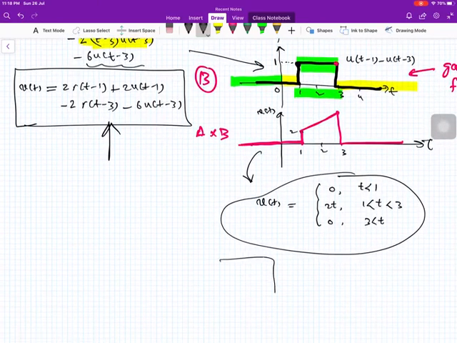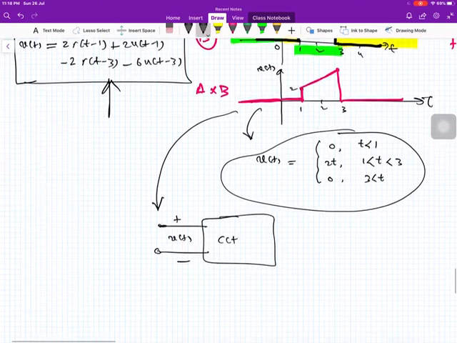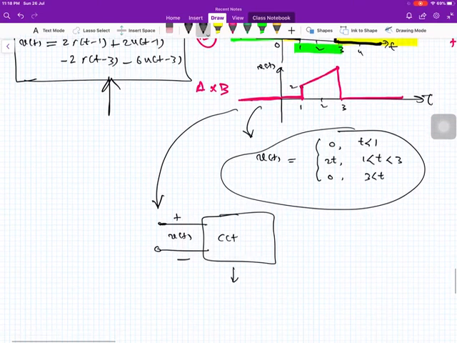We may have a circuit over here, and we need a voltage of this form to be applied in order to test the circuit. The circuit will be represented in the form of equations, and the input over here.